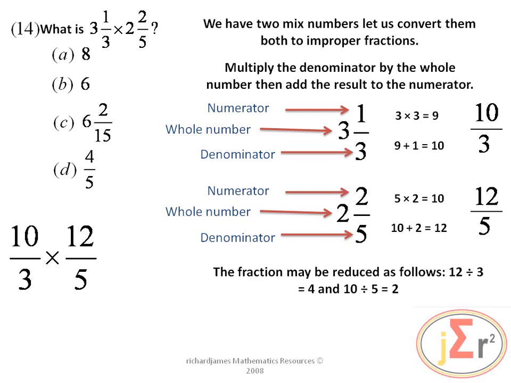So the fraction may be reduced as follows, and we have what? We know that there's a common factor of 3 in 3 and in 12. So those will take care of each other. And there's a common factor of 5 in 5 and in 10. Okay. And we have that.